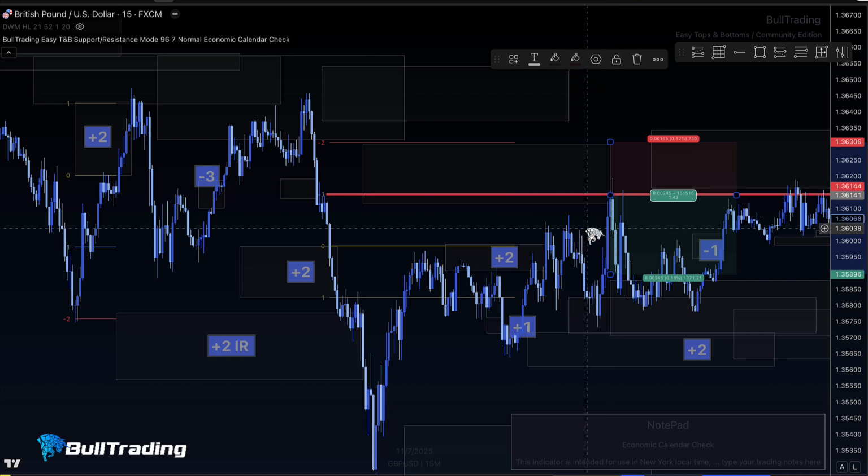So it's very important, with this support and resistance I didn't teach at the beginning of the video, that you will only use either buy stop limit or sell stop limit orders, or you will only use buy limit or sell limit orders. Okay, this is the reason we don't use market executions and we don't use stop levels.